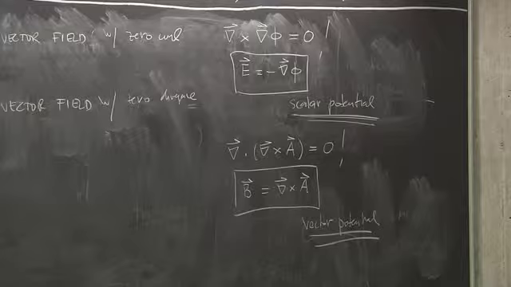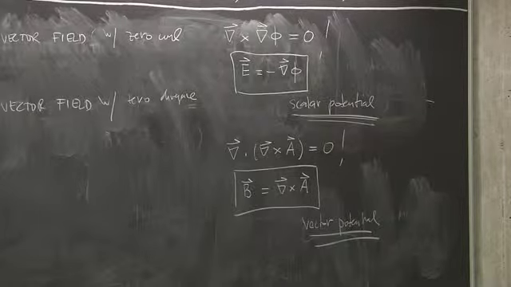The first is that if you want to write the Lagrangian of a charged particle in an external electromagnetic field, that is essentially the Lorentz force we studied the first day of this course.